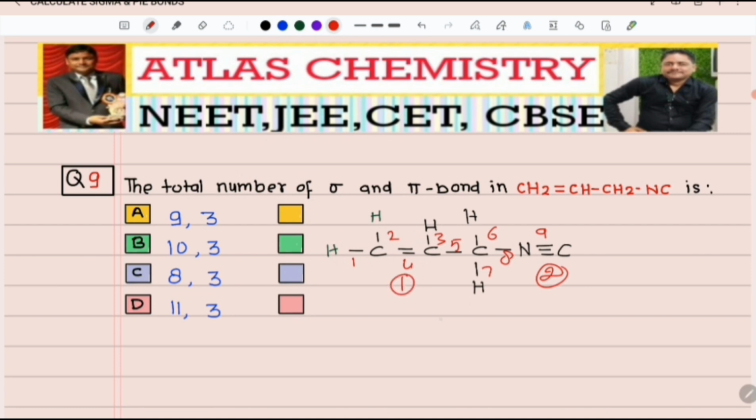So the total sigma bonds are 9 and pi bonds are 3. So option A is the correct option.